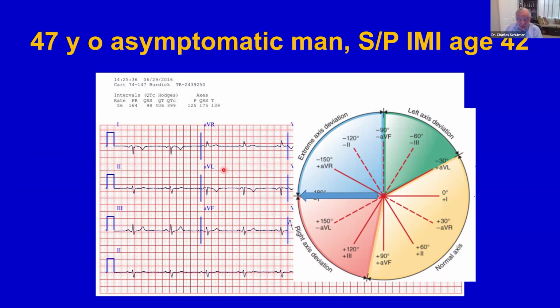What we should do in a circumstance like this is try to find a previous tracing. As a matter of fact, that's generally a good idea when you're trying to determine whether ST-T abnormalities are new or old, and rhythm is new or old. See if you can't find a previous ECG.